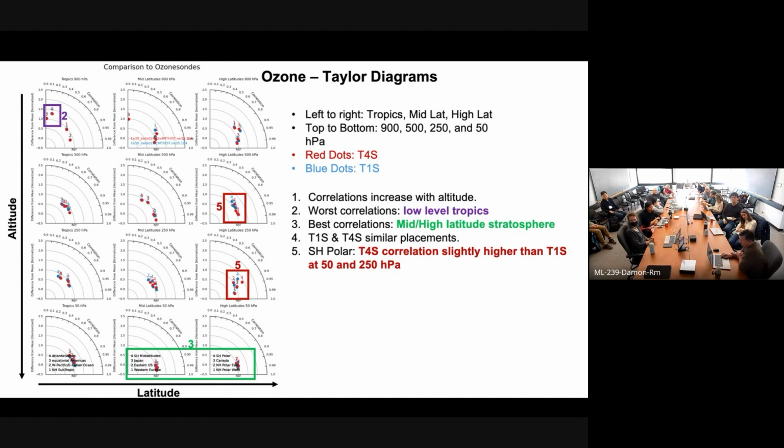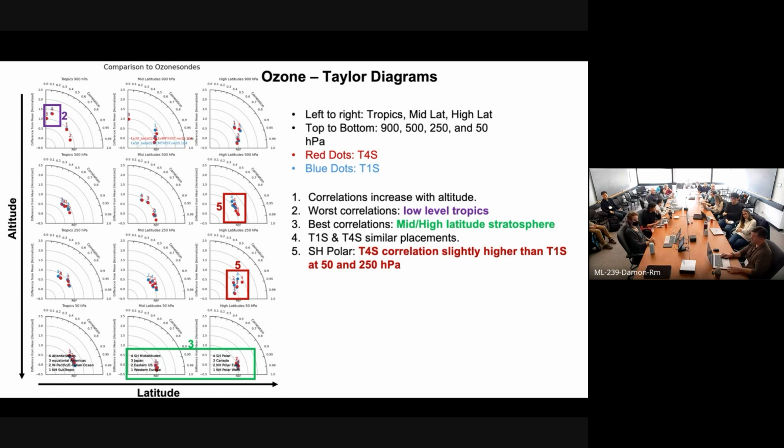The key takeaways from the series of panels is that compared to ozone sondes, we have the lowest correlation in the low level tropics, which I have marked with a purple box and a 2. And we get the best correlations in the mid to high latitude stratosphere, marked with the green box and a 3 in the lower bottom right.